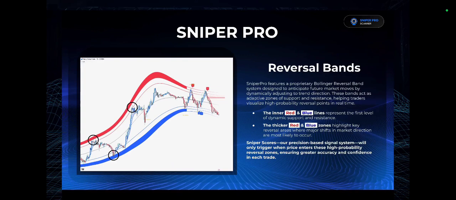And then the thicker red and blue zones highlight key reversal areas where market shifts are more likely to occur. So the deeper that they go into the band, the stronger the possibility of the reversal and snapback. And it's very important to understand that the sniper scores, which are these red and these blue cards over here, will only trigger when price is inside of these Bollinger reversal bands.